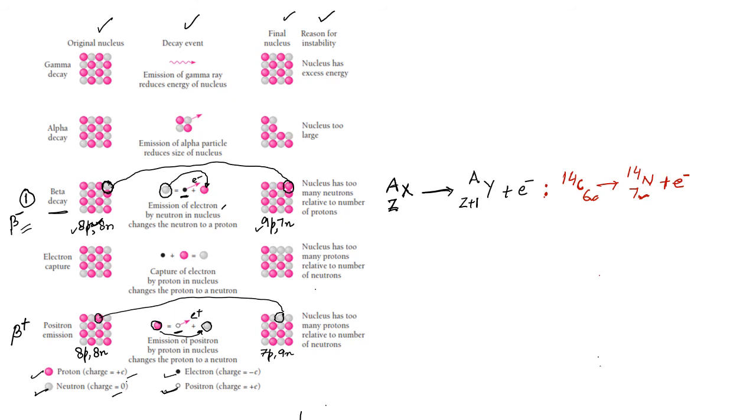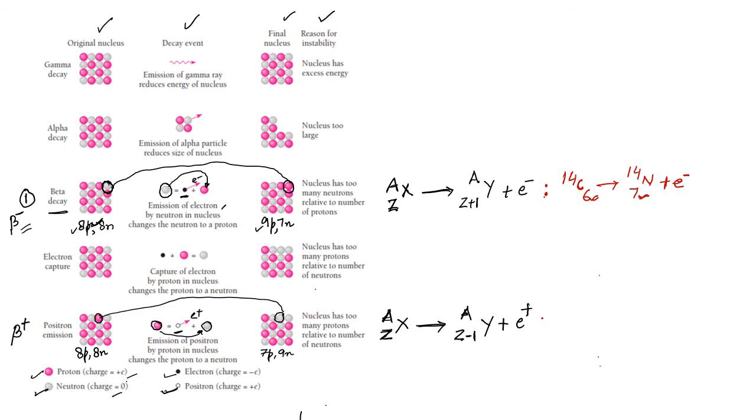So in such cases, if I have Z protons and A nucleons, it has a beta plus decay, and the proton number is decreased by 1. This is how we write a beta plus, and here we have a positron.